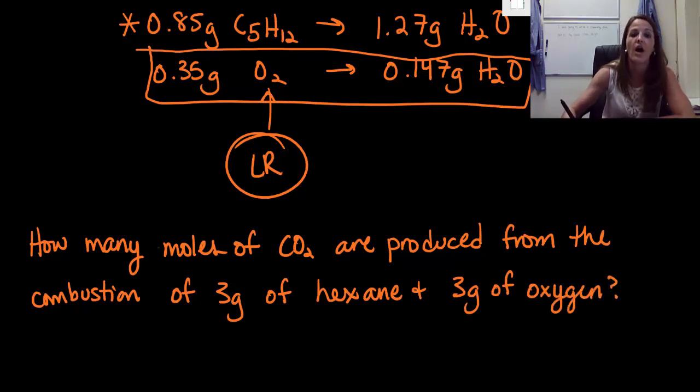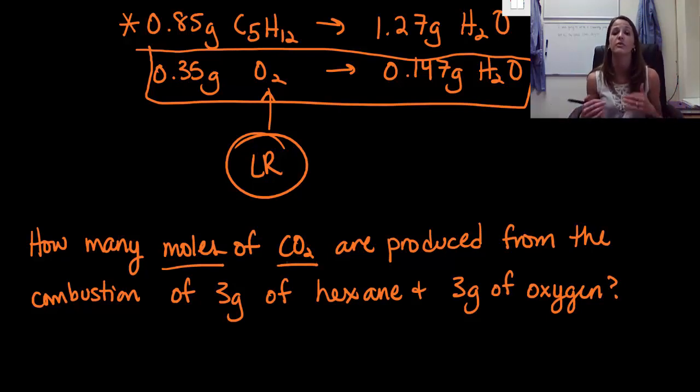So I want to know how many moles of carbon dioxide in theory can be produced from 3 grams of hexane and 3 grams of oxygen. So in lab, I take 3 grams of hexane, 3 grams of oxygen, I react it together. How many moles of carbon dioxide are produced?